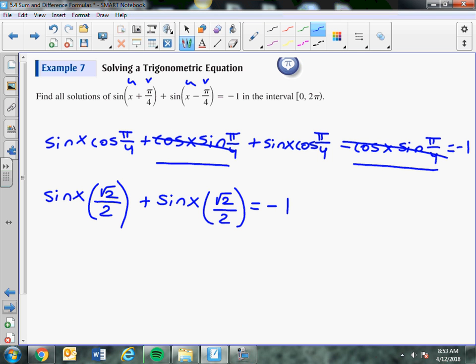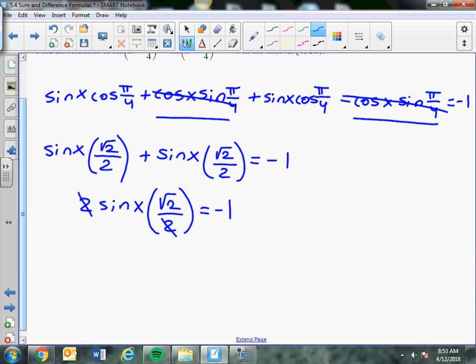Okay, so from there, I can add these two together. Since they are the same term, I'm going to write 2 sine x, and then the square root of 2 over 2. Okay, so from here, since we do have a 2 out front and multiplication has commutative property, I can cancel the 2 out, and then I have only a sine x and a square root of 2 remaining.